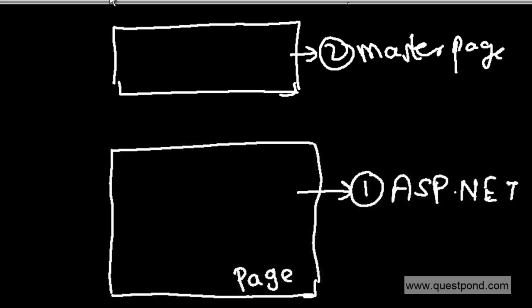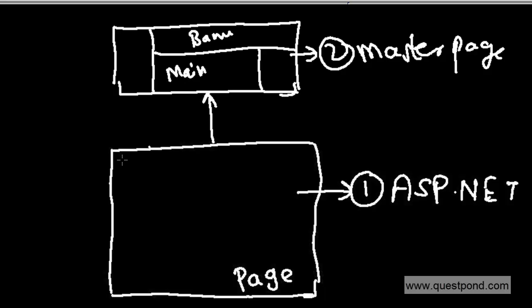For example, in your master page you can define that here's my left menu, here's my banner, here's where my right menus will come, and this is the place where the main data will be hosted, etc. This structure will get applied to the pages so that all the pages in your site have a common look and feel, or I'll say a common structure. So the master page is an ASP.NET concept which helps you define a uniform structure for your pages. So point number one, all pages in SharePoint are simple ASP.NET pages.